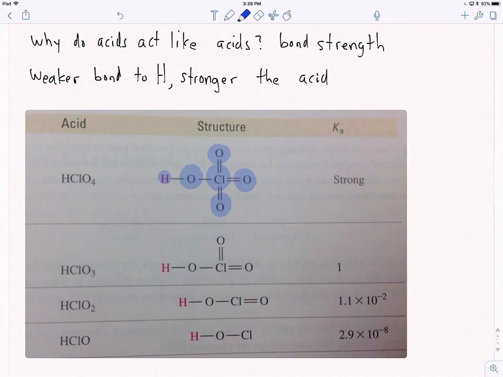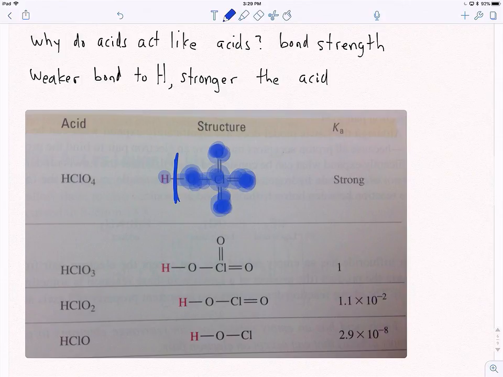So the electrons get pulled this way, and go around a little bit with chlorine, but the oxygens are just like electron vacuum cleaners. They're sucking a lot of electron density away from the hydrogen, and the reason this is a strong acid is it's real easy to break this bond right there. That hydrogen sticking onto the oxygen is really weakly bound, and it can easily pop off.